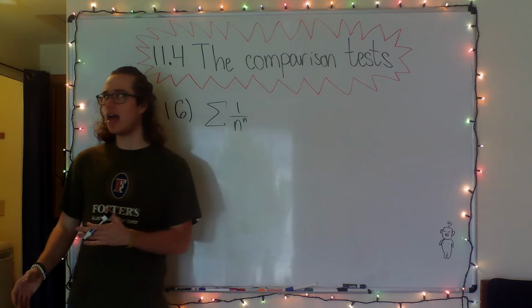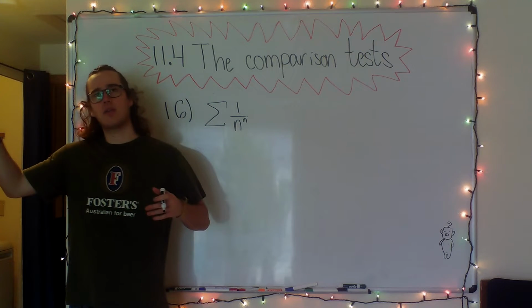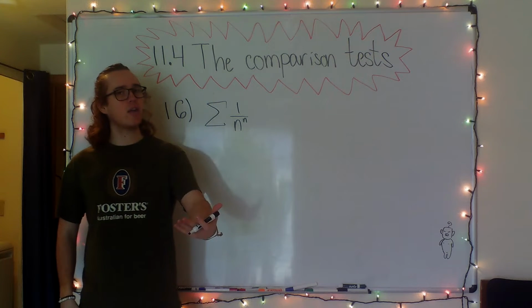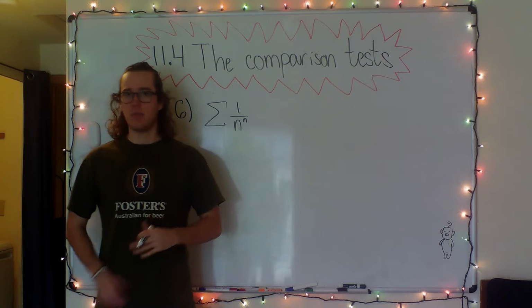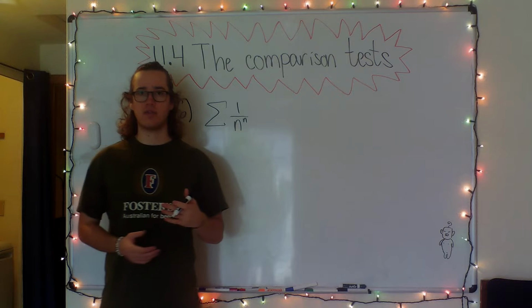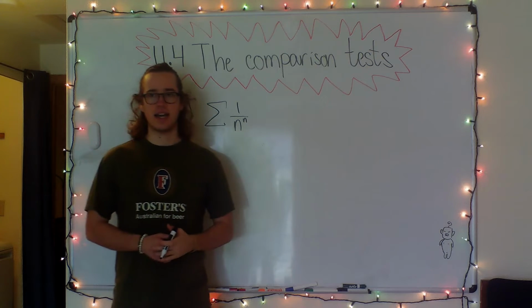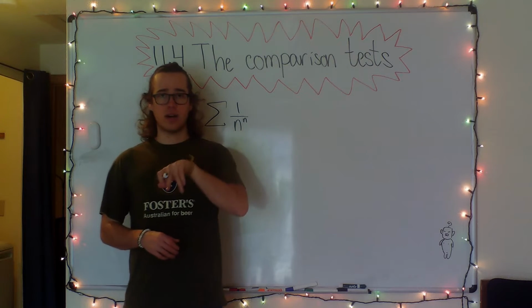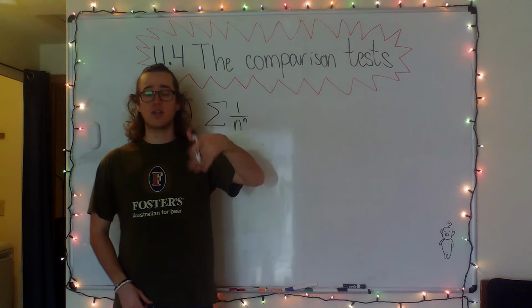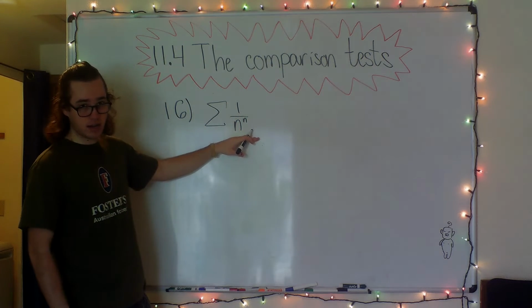Well, n to the n means it's using powers, so we could compare it to 1 over n squared. If we plug in 1, 1 over 1 squared is still 1. If we plug in 2, that's 1 over 2 squared, which is equal to 1 over 2 to the 2 if it was 1 over n to the n.